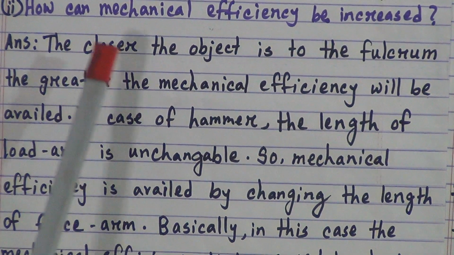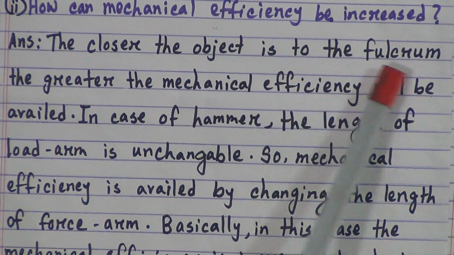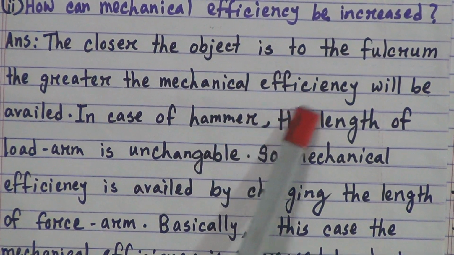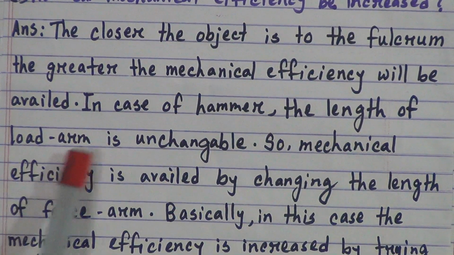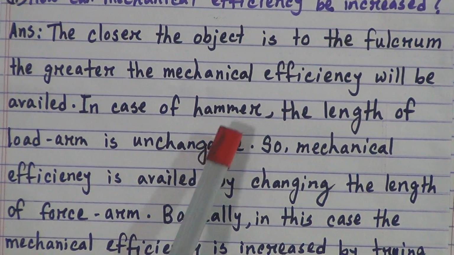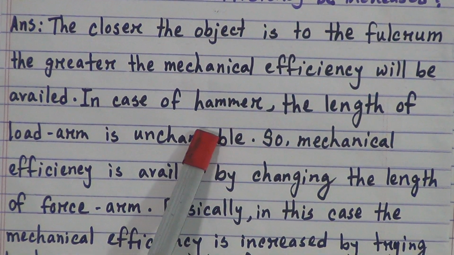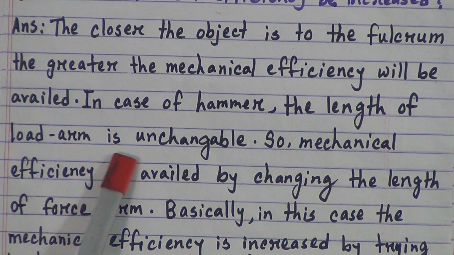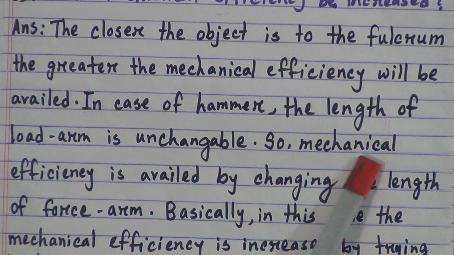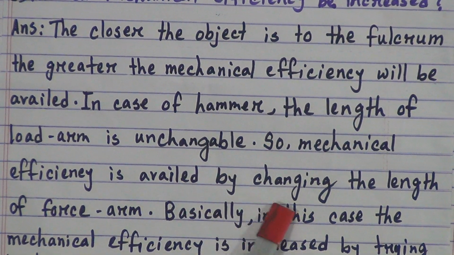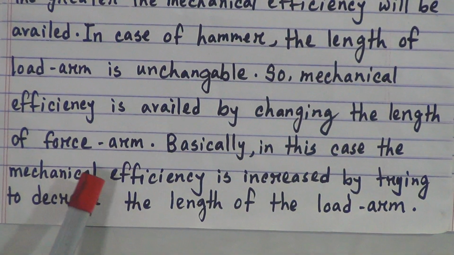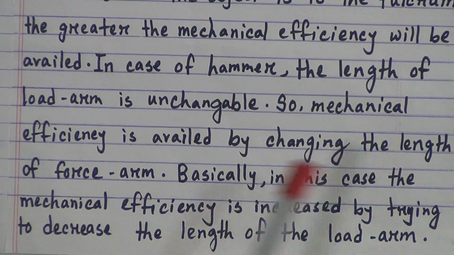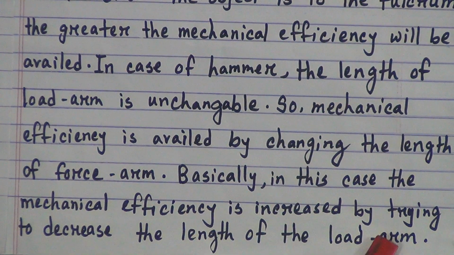In case of hammer, the length of load arm is unchangeable, so mechanical efficiency is gained by changing the length of force arm. Basically, in this case, the mechanical efficiency is increased by trying to decrease the length of load arm.